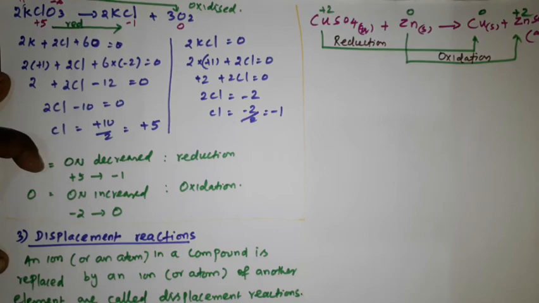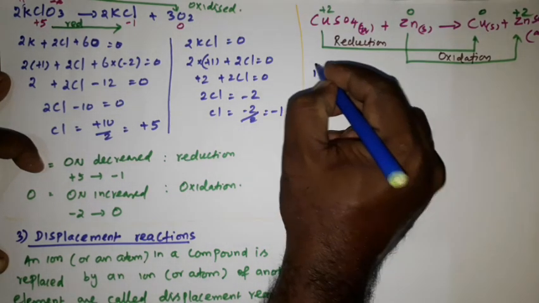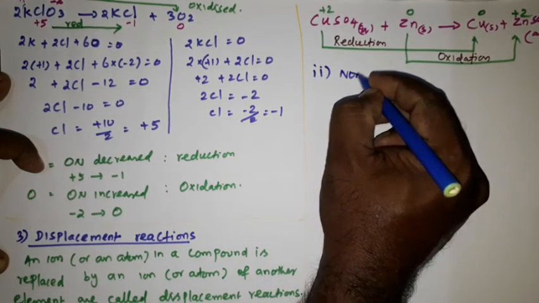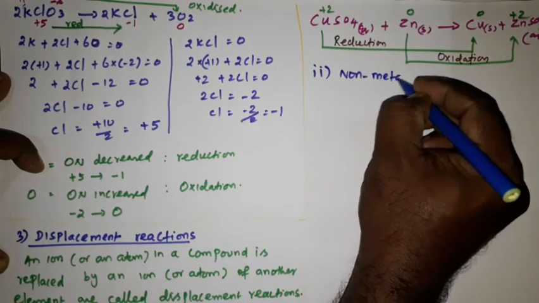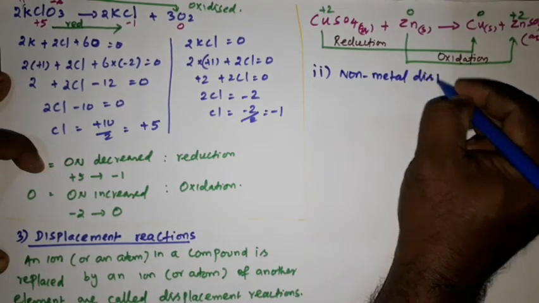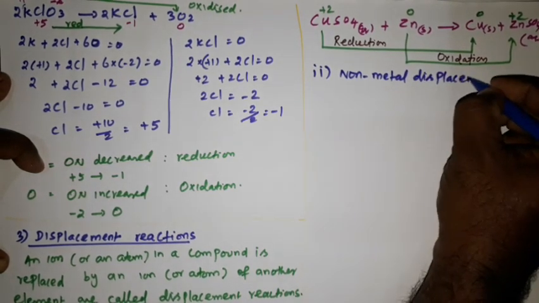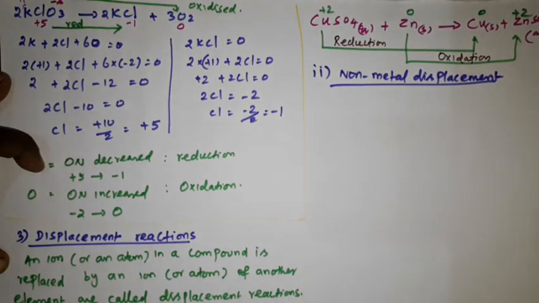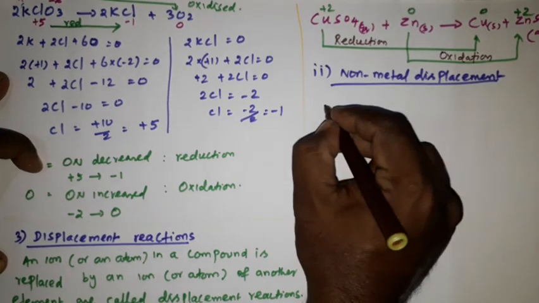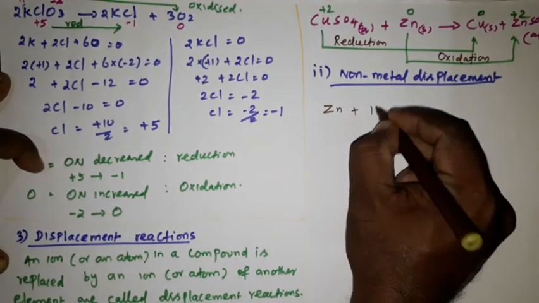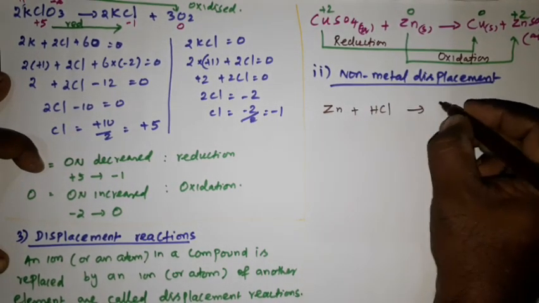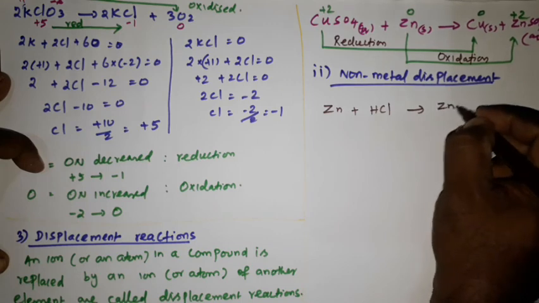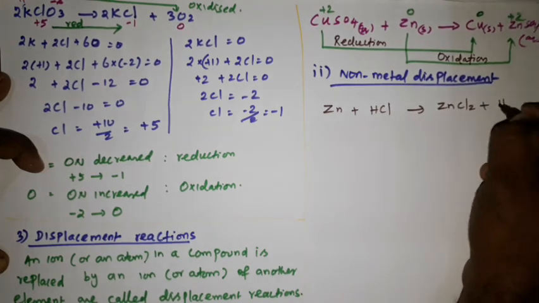Next one is non-metal displacement. See the example: zinc plus HCl, you will get zinc chloride ZnCl2 plus hydrogen.